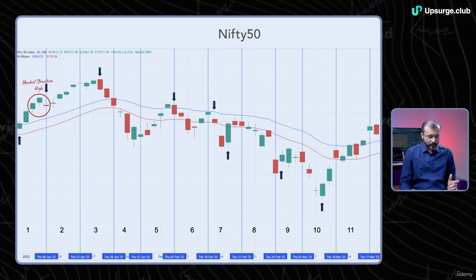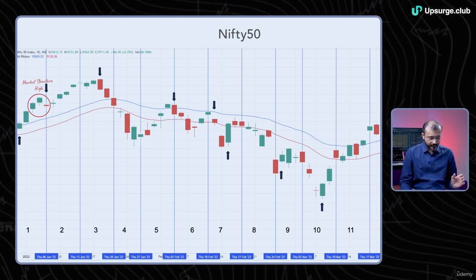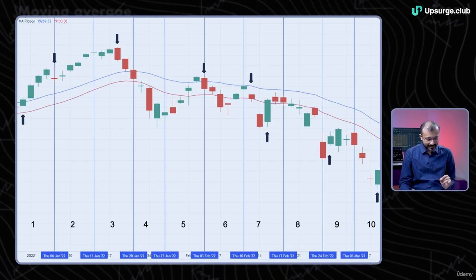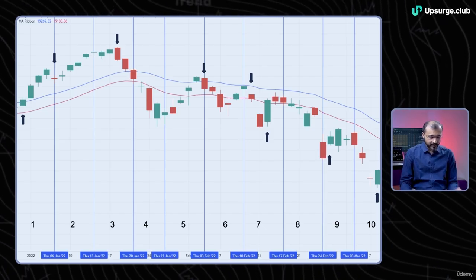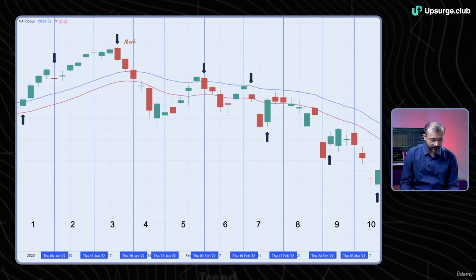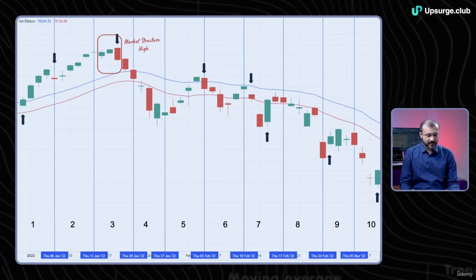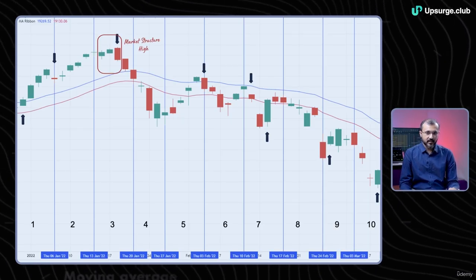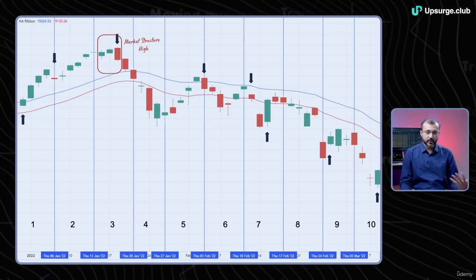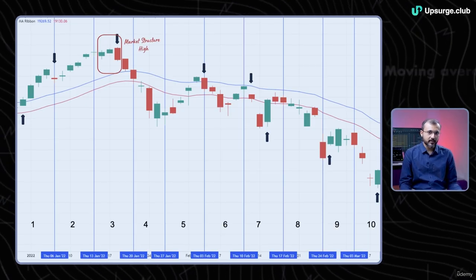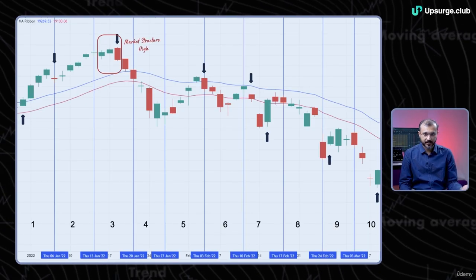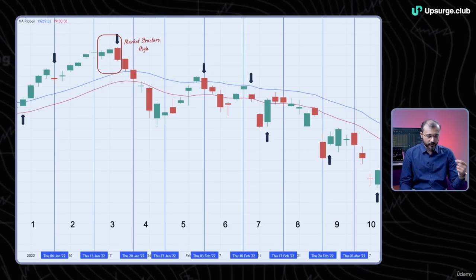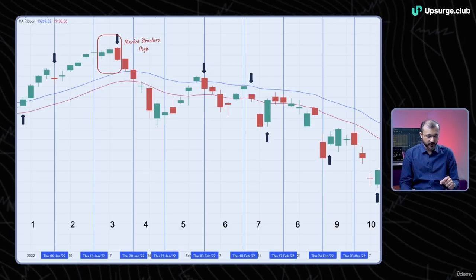Similarly, between 13 Jan and 22nd Jan we have a market structure high: two bullish candles and one bearish candle. This bearish candle is engulfing the previous candle, so the engulfing pattern confirms it's a market structure high, because you have two higher closes and then one lower close.